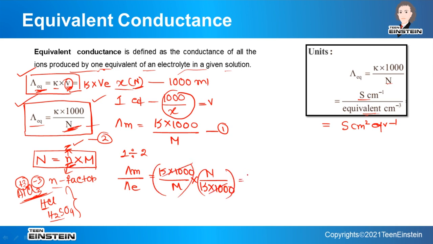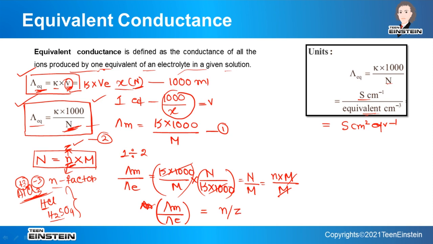So ultimately what we are getting is N by M. Now what is N? In place of N, we will write small n into capital M. So the M will be cancelled. So ultimately the relationship is lambda m by lambda equivalent, which is actually equal to small n or z.